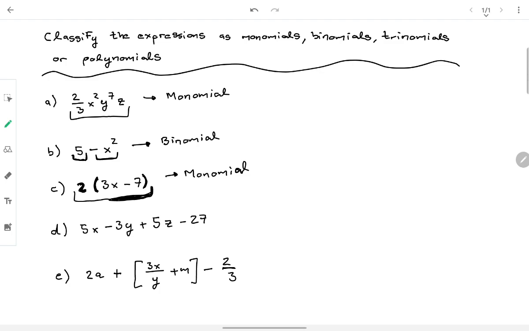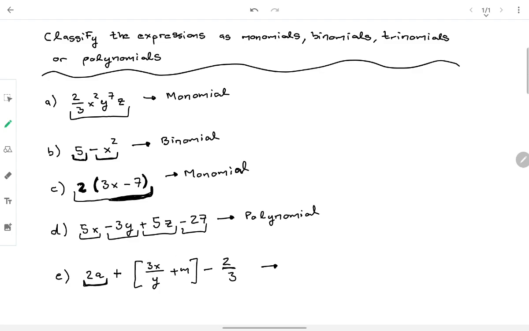The next one is very simple. We have one term here, another term here, another term here, and another term here. Because of 4 terms, we can classify it as a polynomial. In the next exercise, we need to be careful also because this is one term.